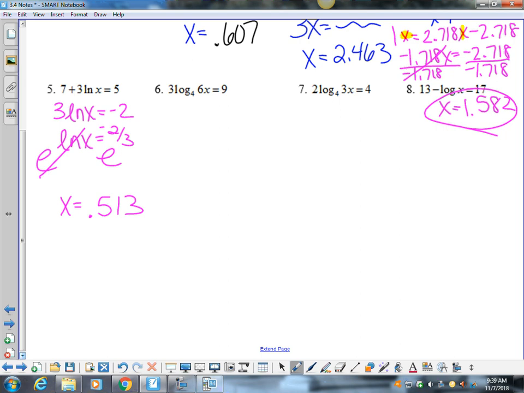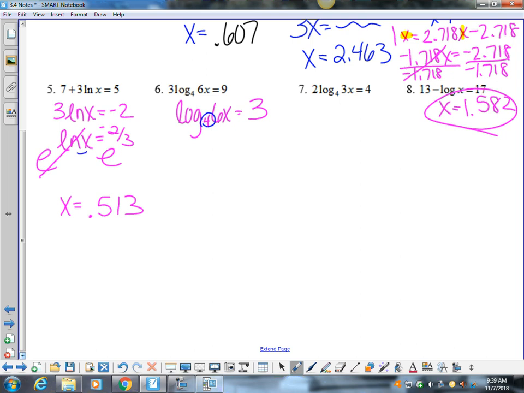All right, number 6 is different. Why? It's not a natural log. His base is what? So, ladies and gentlemen, we are not going to e it. We are going to 4 it. Divide by 3 first. Okay, now that base is a 4.